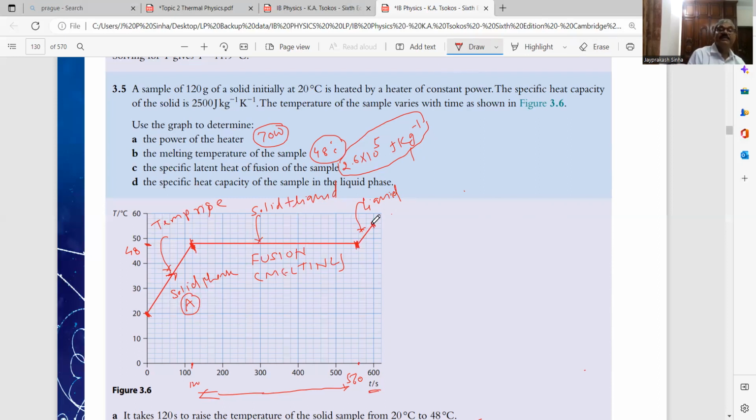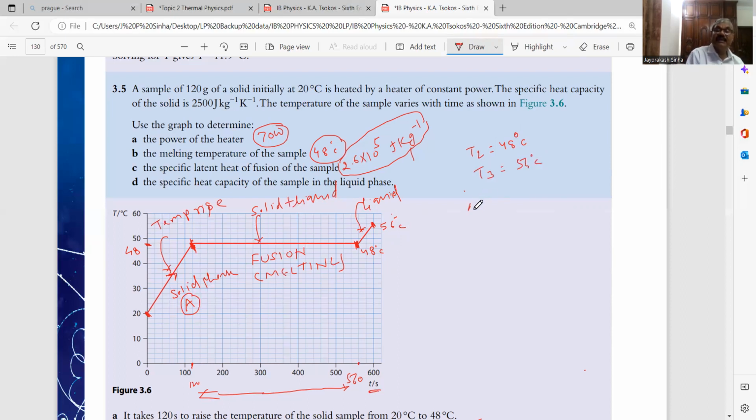See here, this straight line shows that the temperature is rising from 48 to 56 degrees Celsius. So here T2 is equal to 48 degrees Celsius and T3 is equal to 56 degrees Celsius.